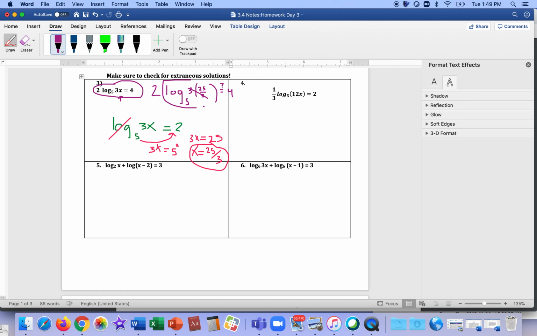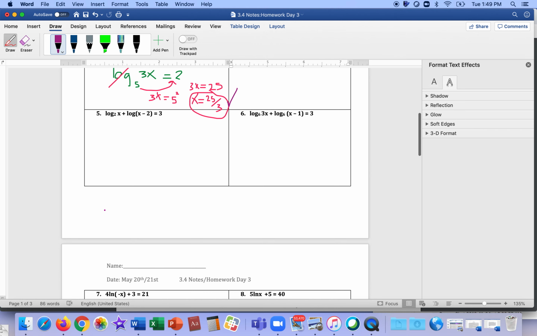We then ask, what's log base 5 of 25? Log base 5 of 25 is 2, and then 2 times the front number 2 is 4. So the left side is equal to the right, so it's a true statement. Yes, it's a solution. So you're going to do number 4.